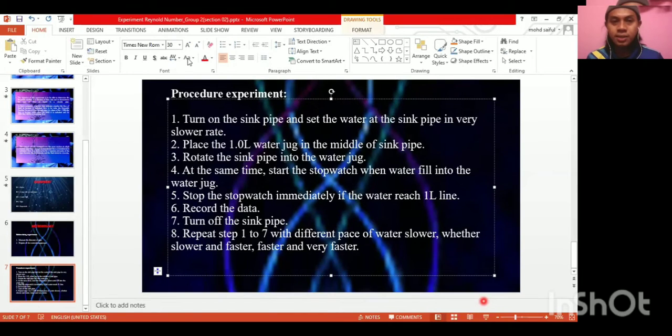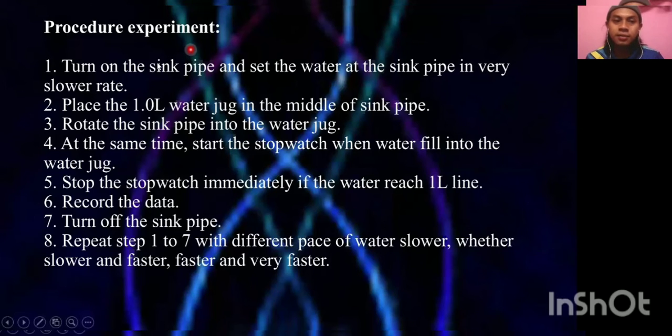This is the procedure of the experiment. Firstly, turn on the sink pipe and set the water in the sink pipe at a very slow rate. Second, place the 1 liter water jug in the middle of the sink pipe. Third, rotate the sink pipe into the water jug. Fourth, at the same time, start the stopwatch when water fills into the water jug.